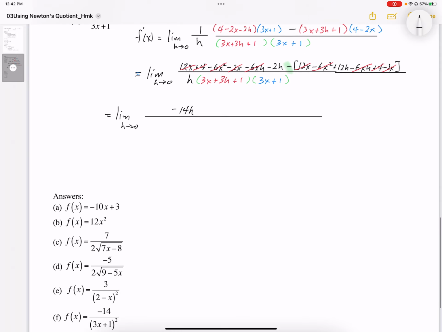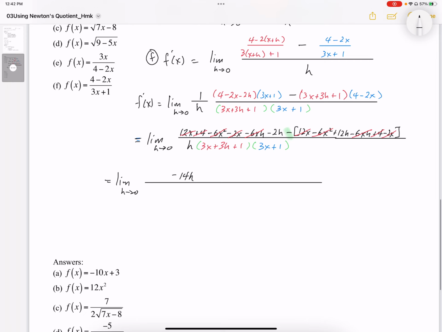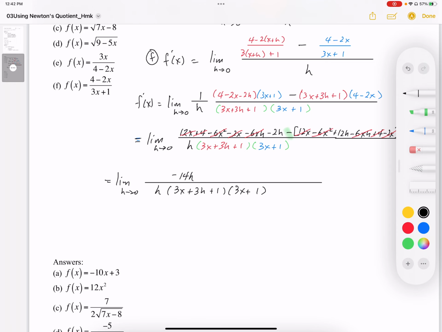Okay, so then there's my minus 14 in my answer, and then there's my h, those h's are going to cancel. I end up with 3x plus 3h plus 1, and then 3x plus 1. The h's cancel, so these cancel out.